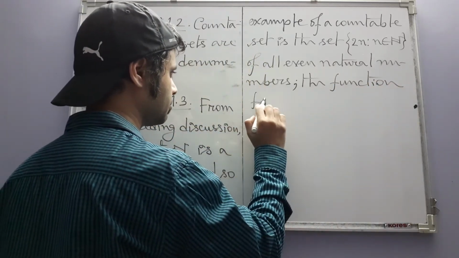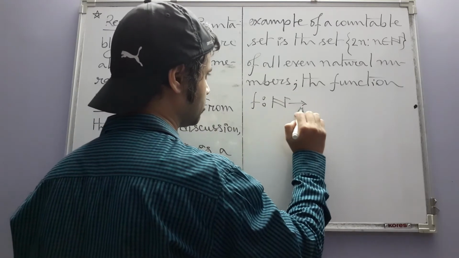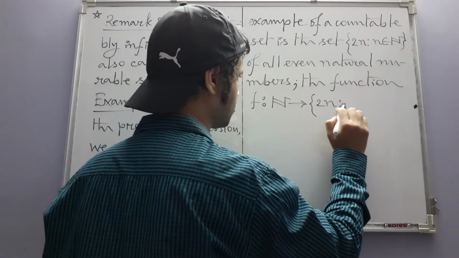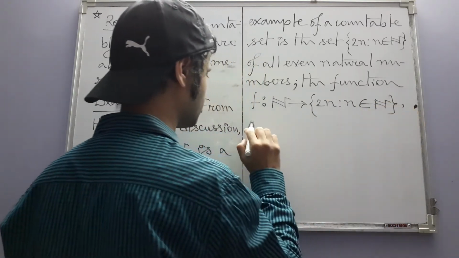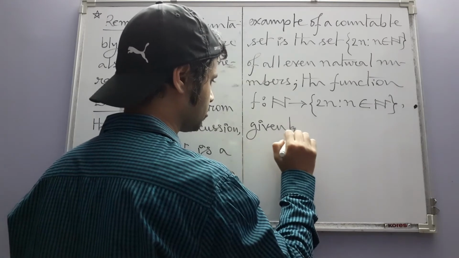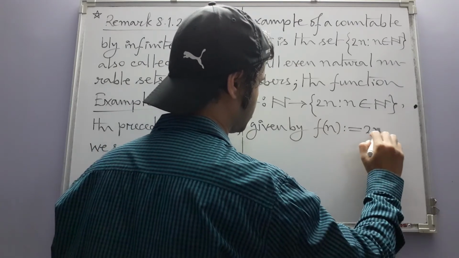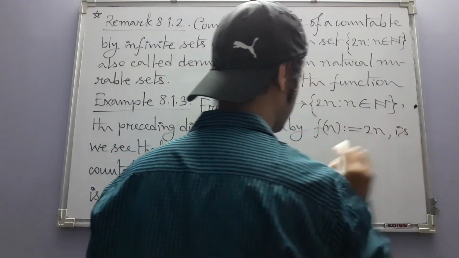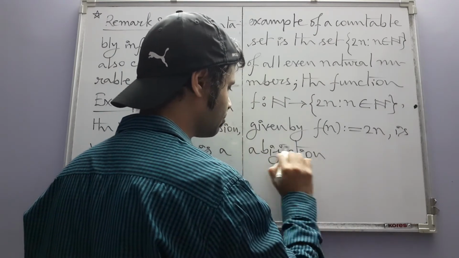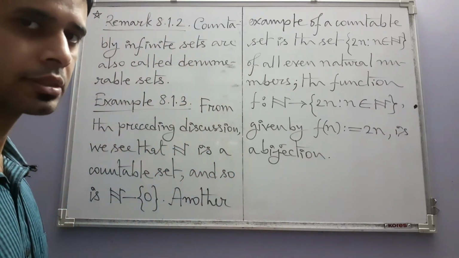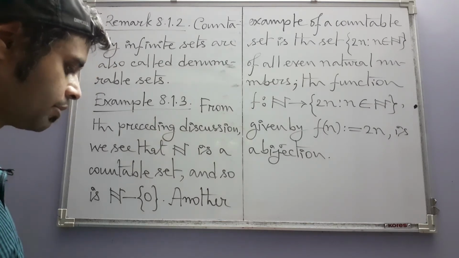The function, let me call this one also f, given by this, is a bijection. I leave the verification of this to you. It's an extremely straightforward thing to verify. Okay, so these are some examples of countable sets.